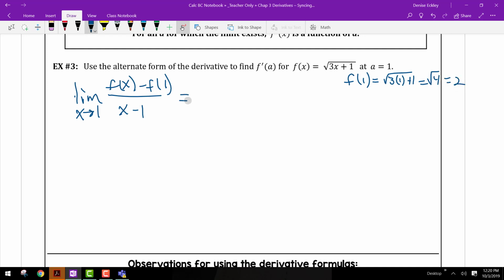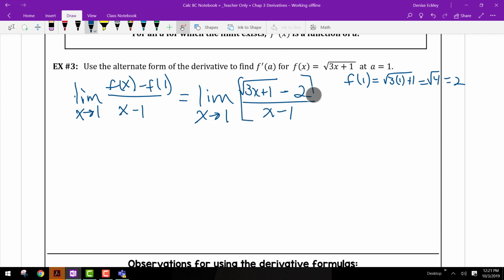Okay. So I'm going to have the limit as x approaches 1 of my function, square root of 3x plus 1, minus my value of my function at a, so that's minus 2, all over x minus 1. So now I have to simplify this, so I'm going to do that by using the conjugate.